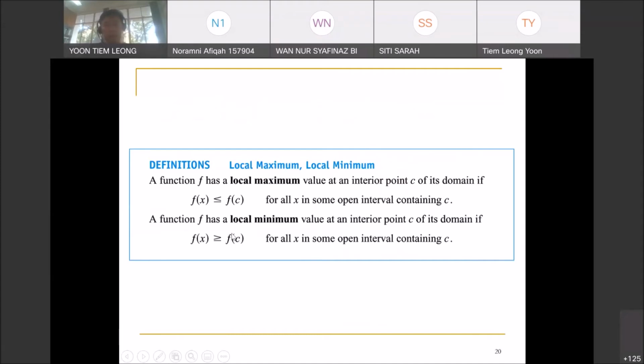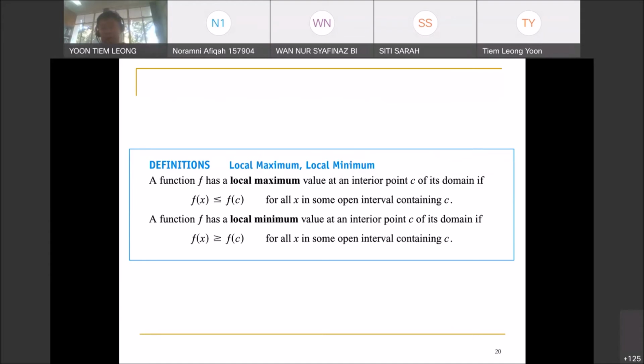Okay, so before I proceed, just a word of clarity. When you mention local maximum, local minimum, absolute maximum, absolute minimum, usually we refer to the values of x where the local maximum, local minimum, absolute maximum or absolute minimum happens. Right? So you just say x equals C is the local minimum, for example.